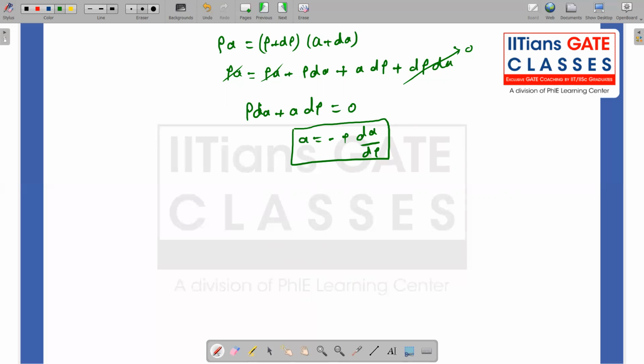Okay, so this I will call equation 1. That is the result of the continuity equation. Or I can also write for dA: dA is nothing but minus a d rho by rho. So I can write it any way. It's fine.